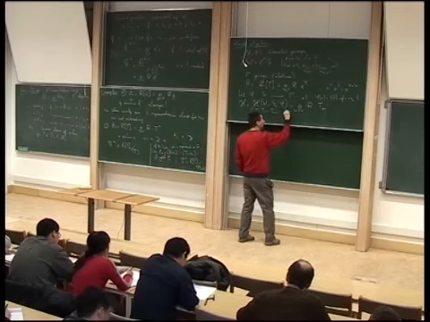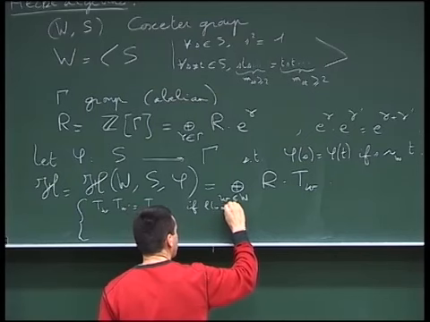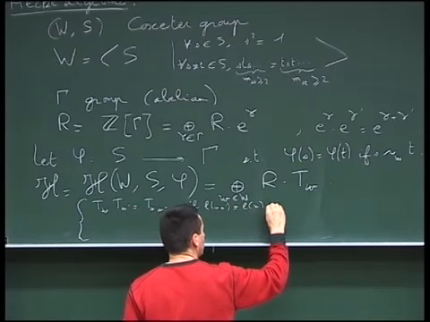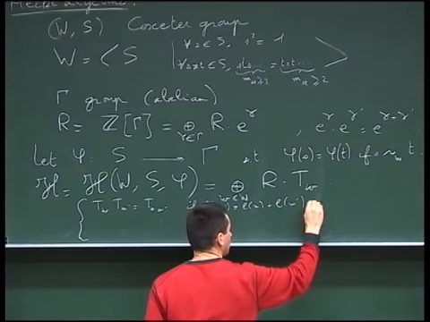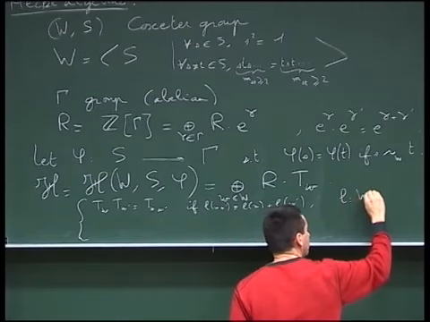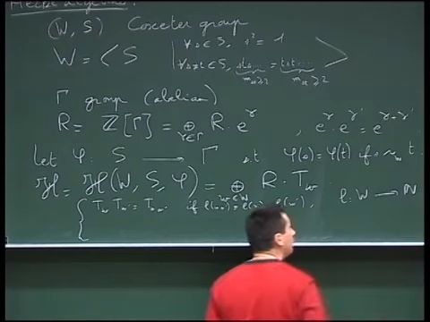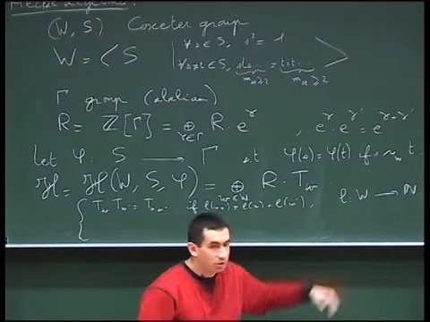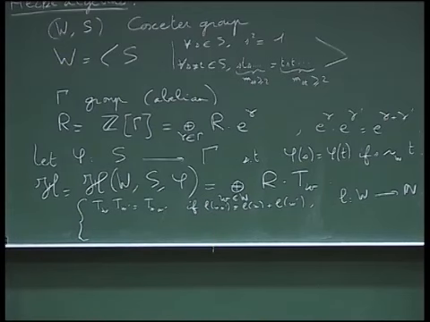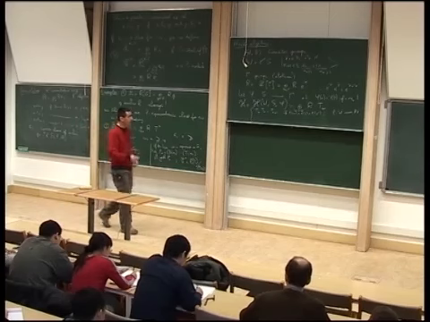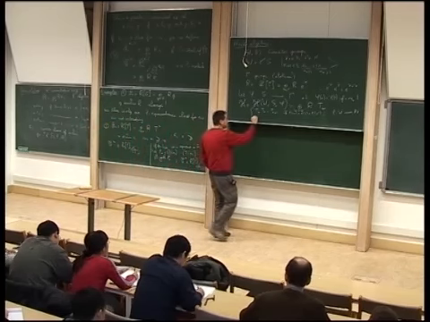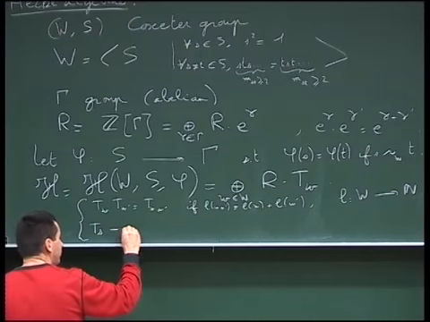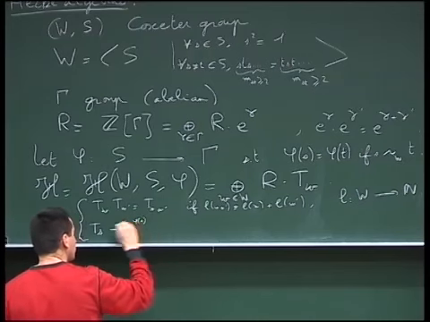So if the length of ww' equals the length of w plus the length of w', where the length means the minimal length of a sequence of elements of S such that the product is equal to the element. And the T_s satisfy a quadratic relation, which is given like this.